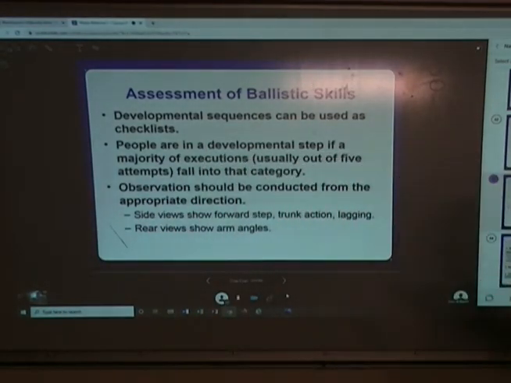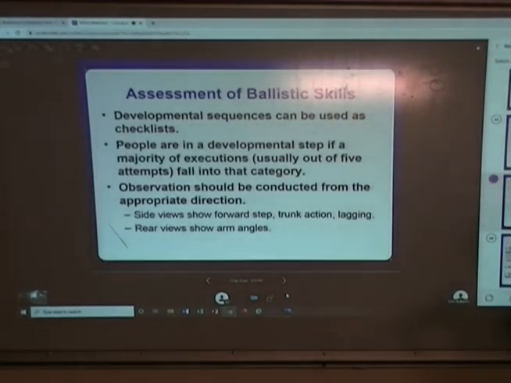It's really important that you observe motor skills from the appropriate position. So you're looking as much as possible to be at right angles to the plane of motion. Right? So do I need to stand side on? Do I need to stand front or back on to see the particular action, which component am I looking at? All right?